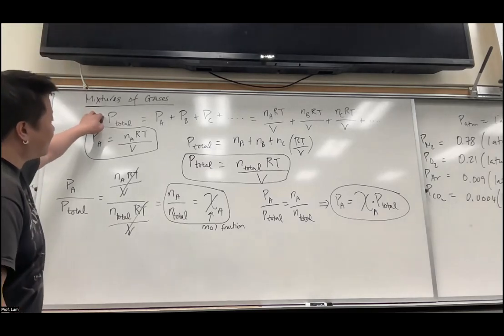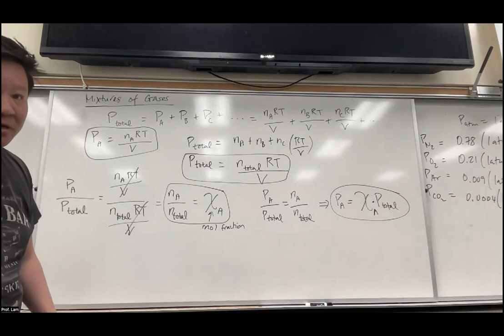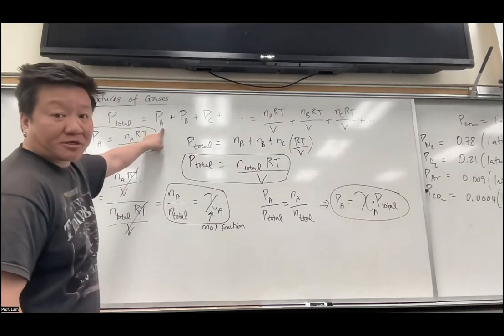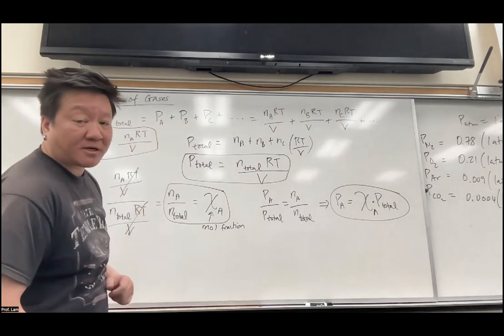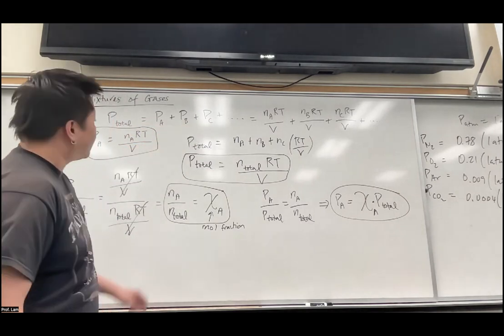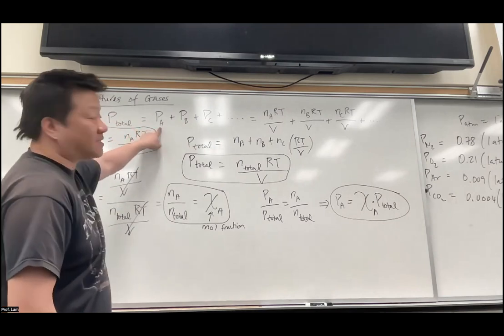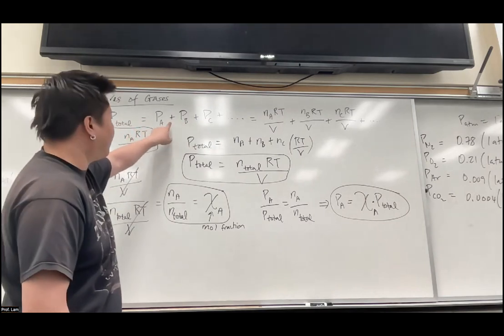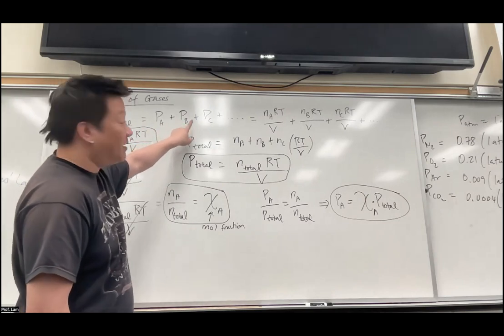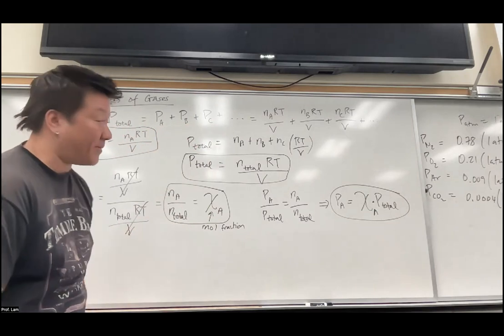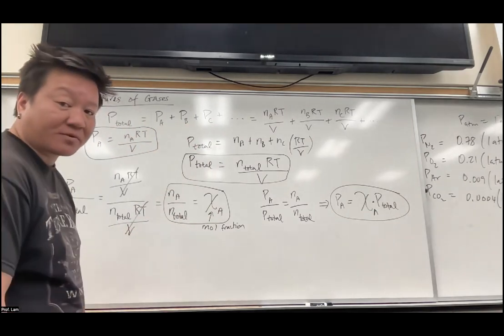We start with a very simple equation, right? The total pressure of a gas mixture is the sum of the partial pressures of each of the components of the gas within the mixture. So P total is the partial pressure of gas A plus the partial pressure of gas B plus the partial pressure of gas C, and so on, depending on how many gases are in the mixture, okay?